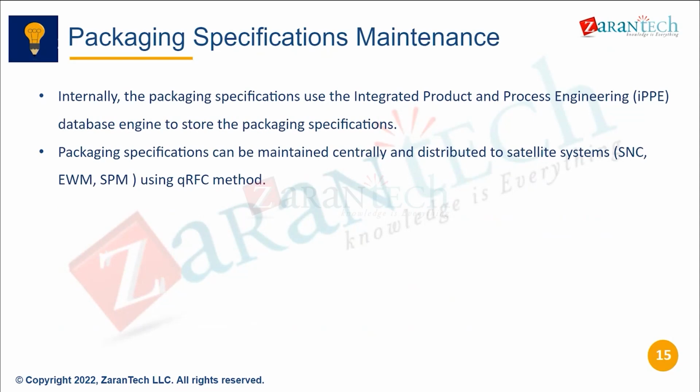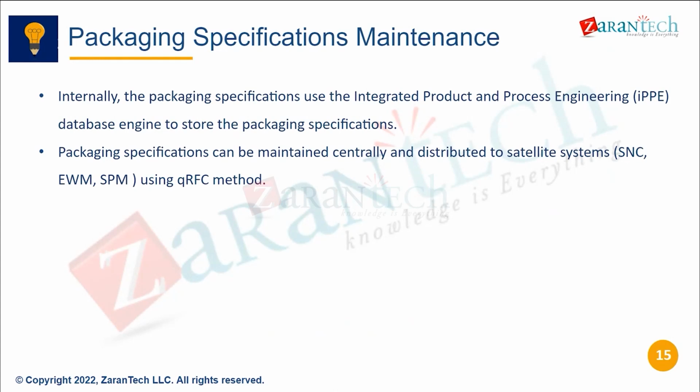Okay, then you can see the packaging can be maintained centrally or distributed to different systems via QRFCs, whether in SPM, EWM or SCM system. So this can be sent, or we can also get the packaging instructions from the ERP system.